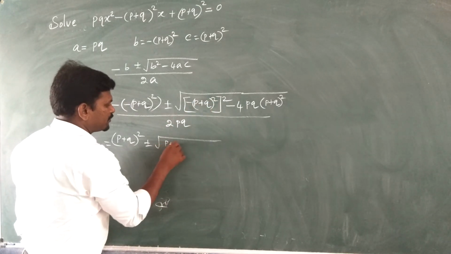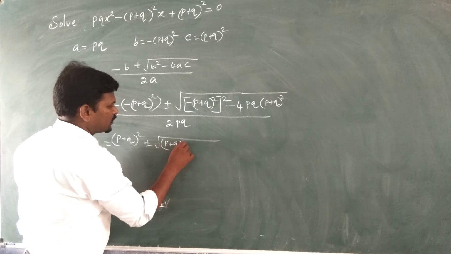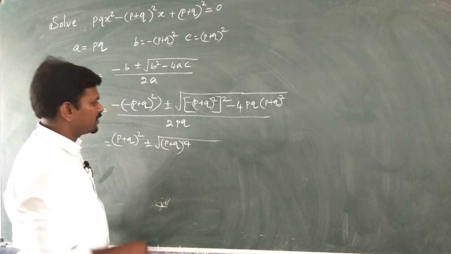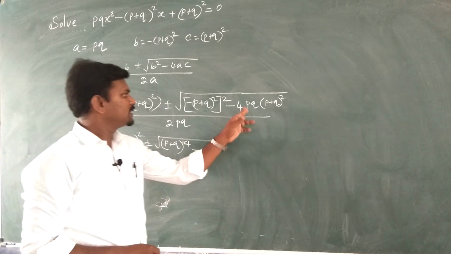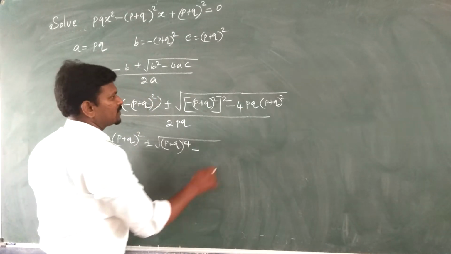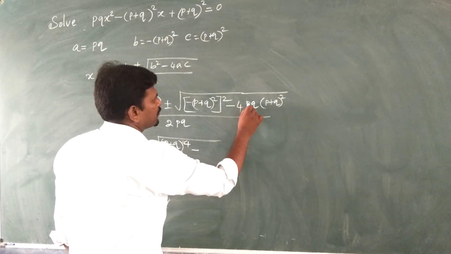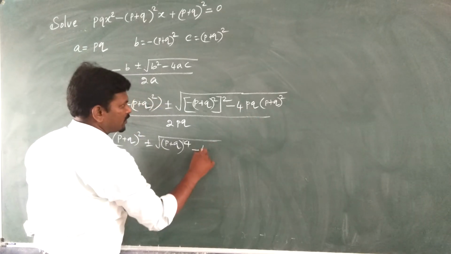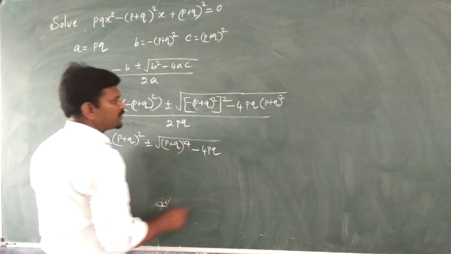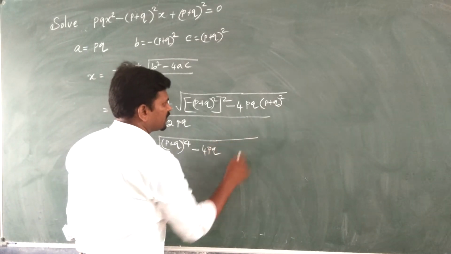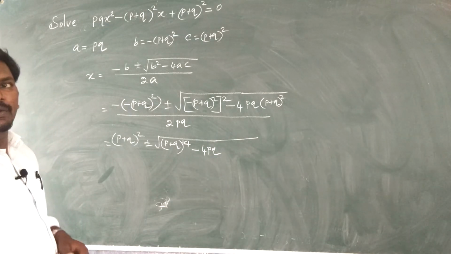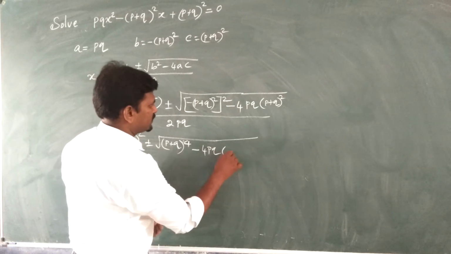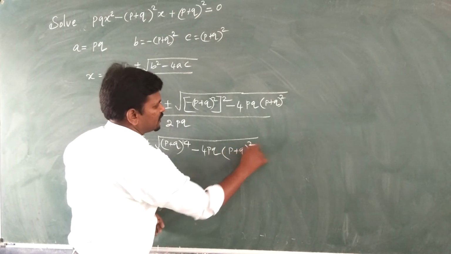So (p plus q) whole power 4 minus 4 times p q times p q, which can be written as minus 4pq. Now what we will do, we will write the next term and simplify, whole square by 2pq.